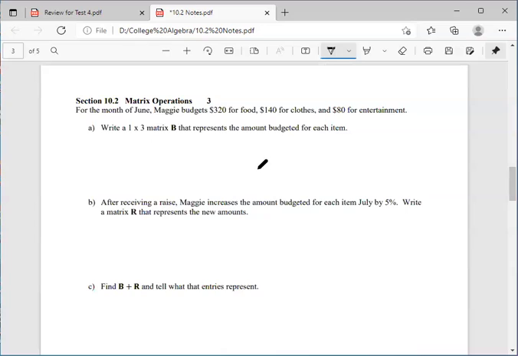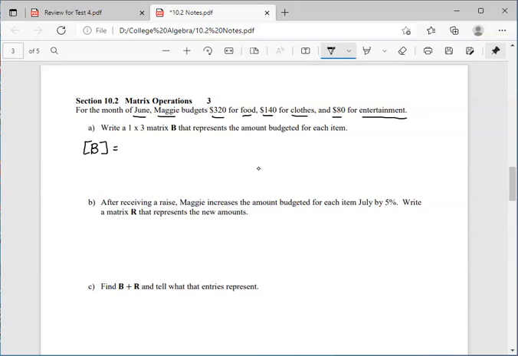It says for the month of June, Maggie budgets $320 for food, $140 for clothes, and $80 for entertainment. It says write a 1x3 matrix B that represents the amount budgeted for each item. So this is what matrix B would look like.